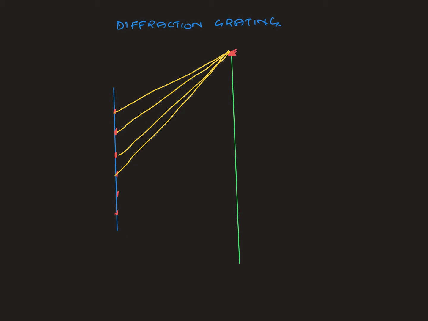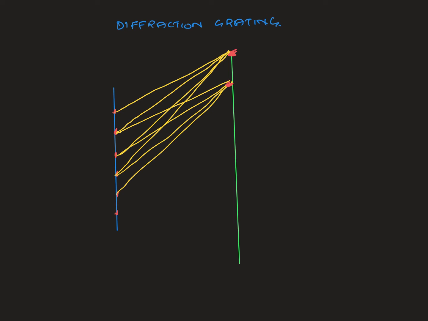And then you have this one from here, from here, and from here, and there's another bright spot. So a diffraction grating is a glass with multiple slits. It could be something like an engraving or some lines you draw for the light to go through.